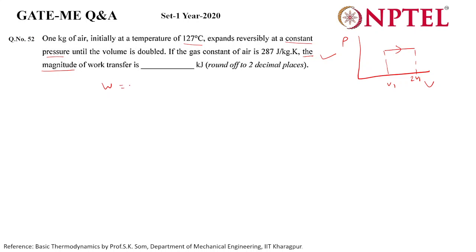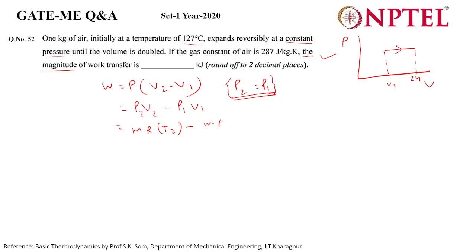For a constant pressure process it is W equals P(V2 minus V1), which we can also write as P2V2 minus P1V1 because P2 equals P1. By the ideal gas equation, P2V2 is mR T2 and P1V1 is mR T1, so it is mR(T2 minus T1).